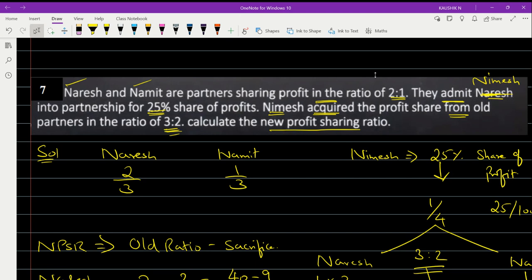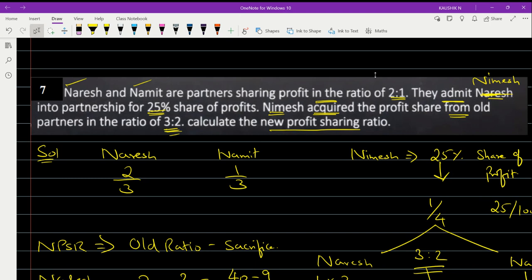Problem number 4. And the problem equivalent to sum number seven, I have done it. And equivalent to sum number seven, 75 percentage, where a person is admitted for 20 percentage.